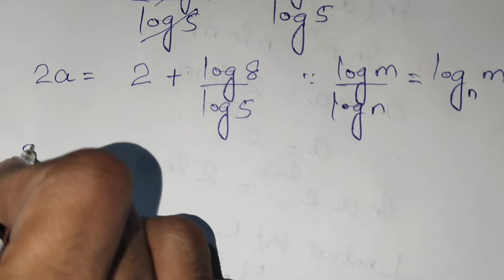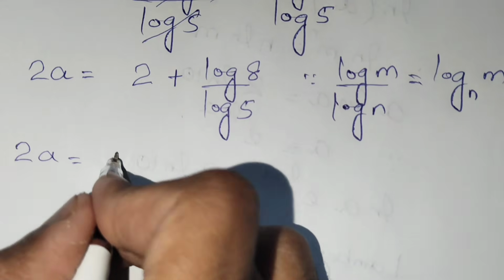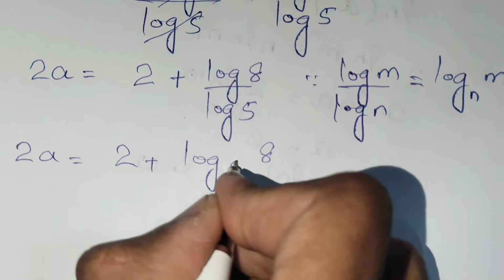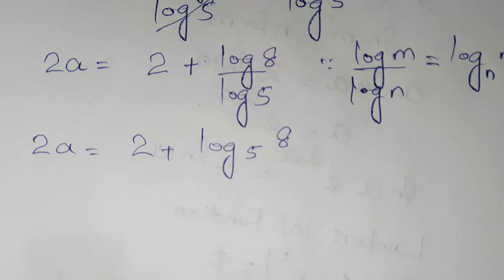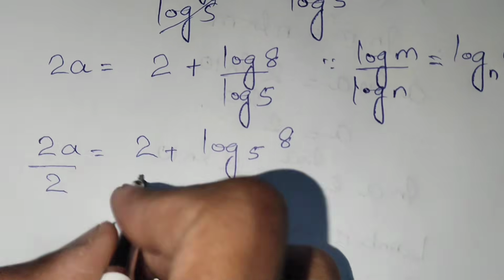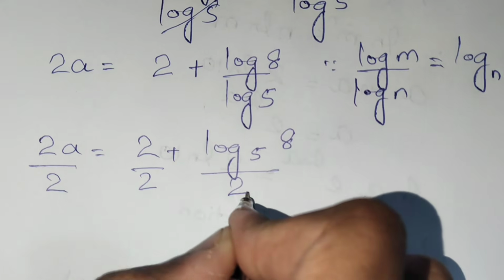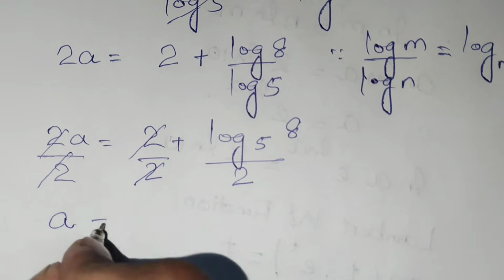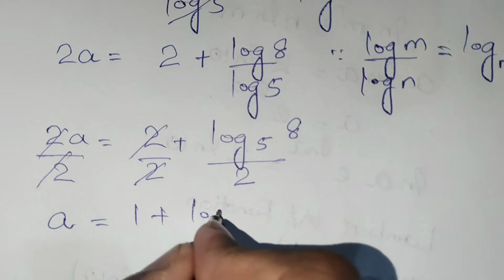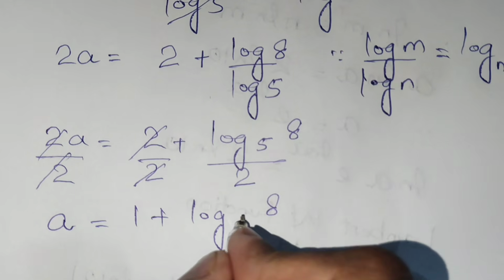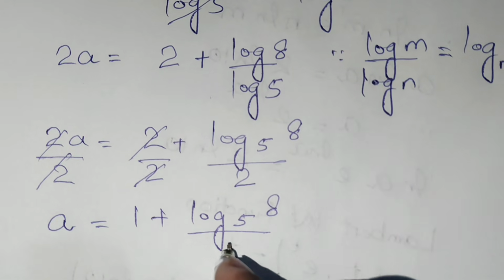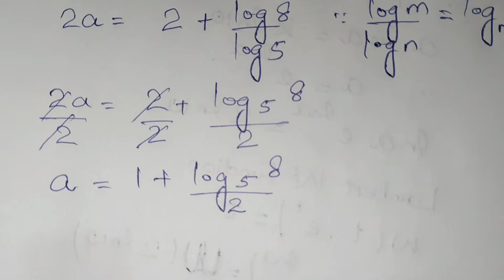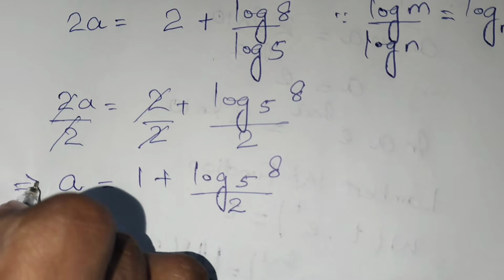So it will be 2a equals 2 plus log of 8 with the base 5. Divide both sides of the equation by 2. 2 cancels with 2, 2 cancels with 2. We get the final value of a, which is 1 plus log of 8 with the base 5, over 2. This is the final value of a.